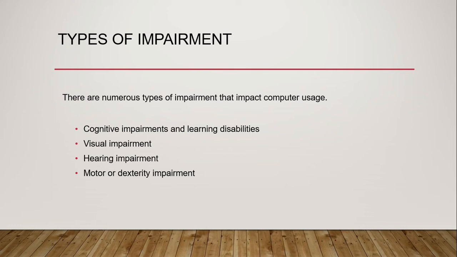They are physically not fit; for a few people, their limbs don't work. They may sit in a wheelchair for the rest of their life. They all come under motor or dexterity impairment, partial or total loss of functioning of their body parts. These are the 4 types of impairments.